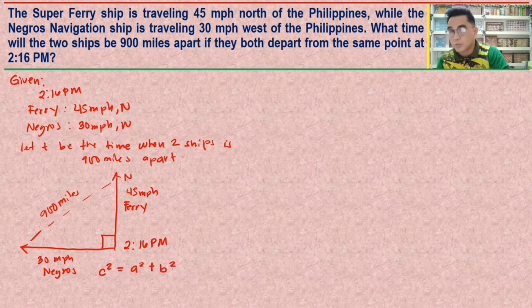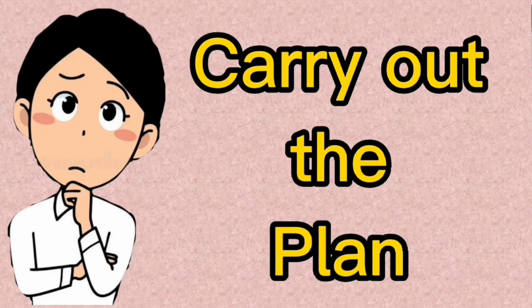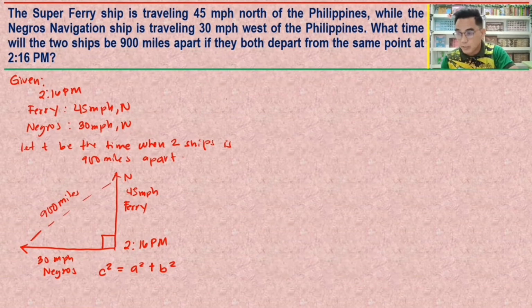Carry out the plan. We're going to use all the details on how we planned the problem. So let's now use the formula as follows. We know c refers to 900 miles, so we can substitute 900 squared equals a squared. A could be Negros or it could be Ferry.